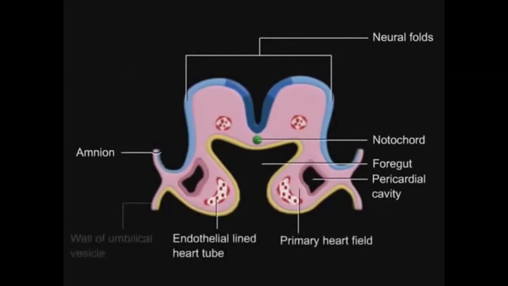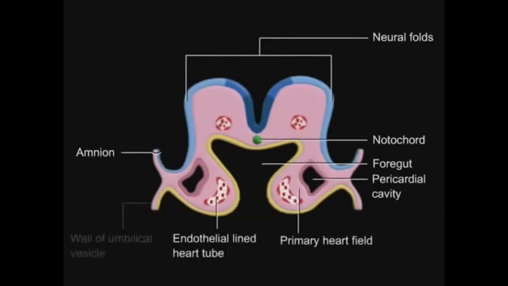This, delineated with blue line, is from ectoderm, developing the neural folds and neural groove.